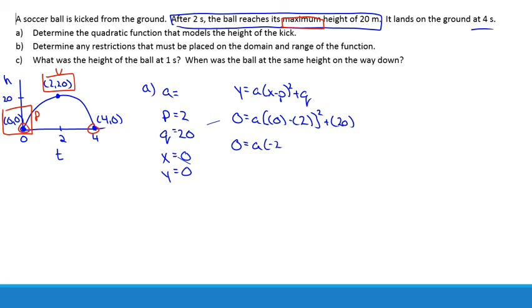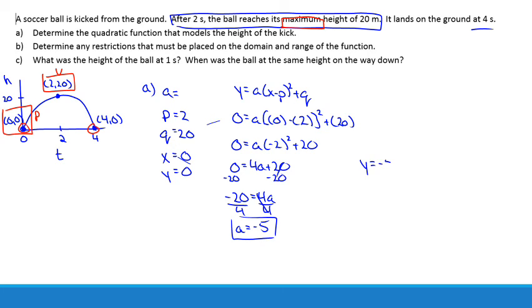So this is negative 2 squared plus 20. 0 equals 4a plus 20. Minus 20, minus 20. Negative 20 equals 4a. Divide by 4, divide by 4. a equals negative 5.